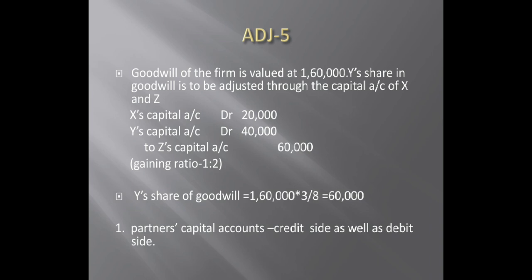And retiring partner's capital account will be credited. Why? Because that particular partner is going to receive his share of goodwill. Capital is always having credit balance. So whenever some amount is to be added up in your capital account, then capital account is to be credited. And whenever you pay an amount, that time capital account is to be debited.